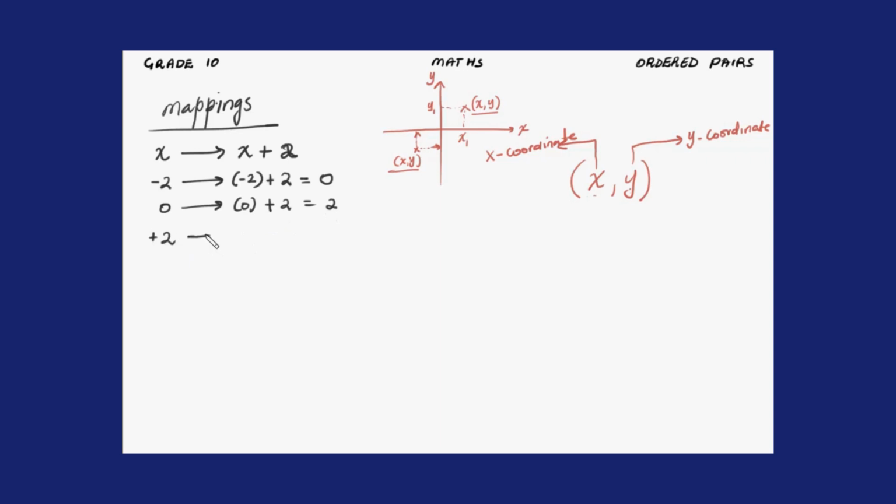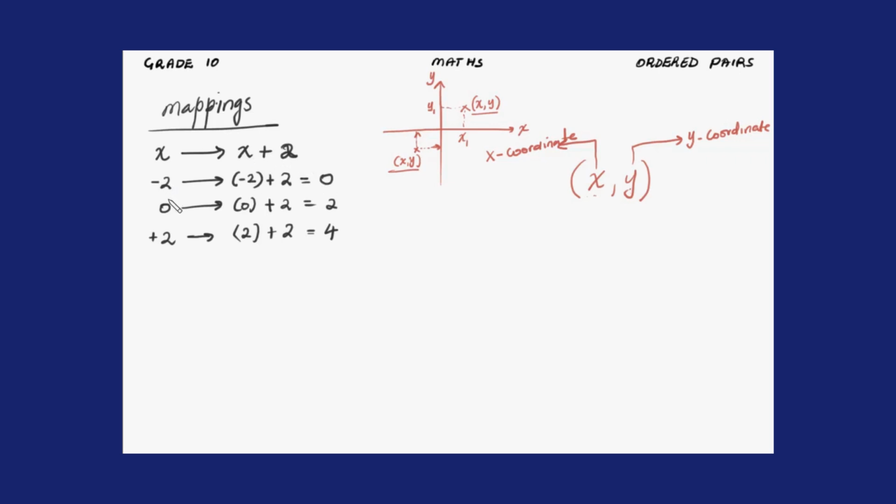Here, we are going to do plus 2 as well. We have the value of x here, and this 0 corresponds to this x. This 0 is the value which corresponds to this x.